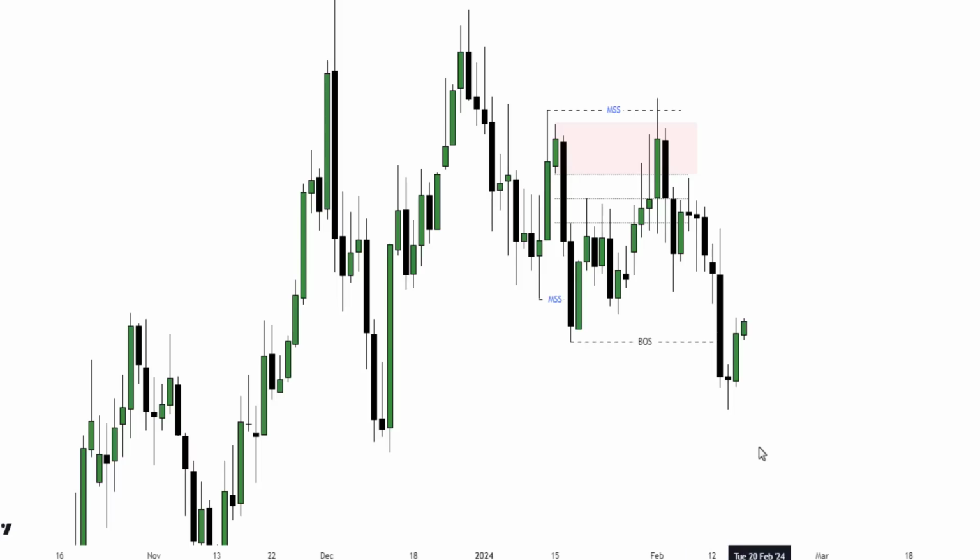All right. So there are two types of liquidity. There is something called external range liquidity, and there is something called internal range liquidity. External range liquidity is the liquidity around old highs, relative equal highs, relative equal lows, or old lows. So what is this?